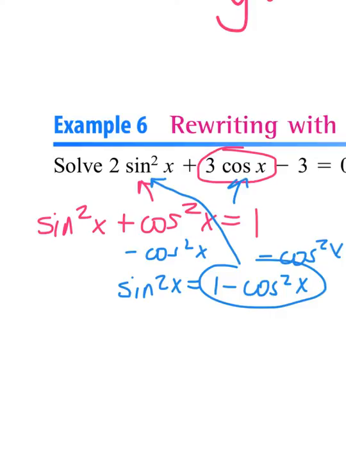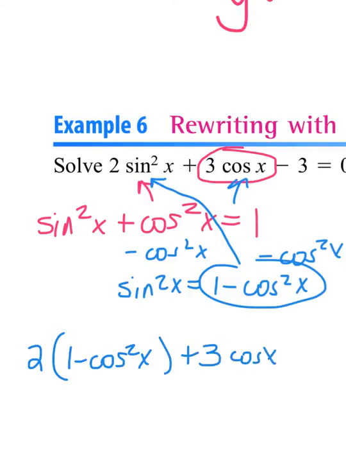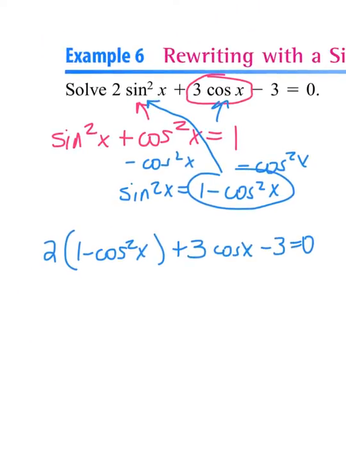So this, I'm going to rewrite as 2 times 1 minus cosine squared x plus 3 cosine of x minus 3 equals 0. Now we just go back to algebra. What do I have to do with that 2? I have to distribute it in here.